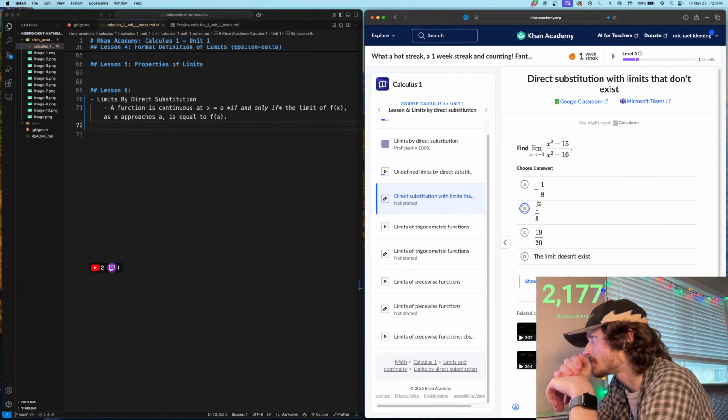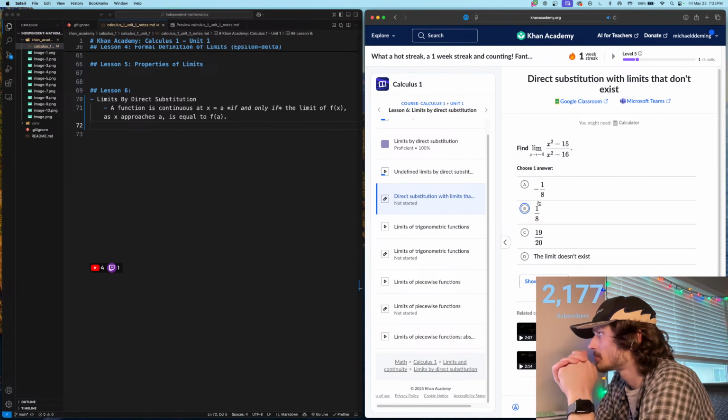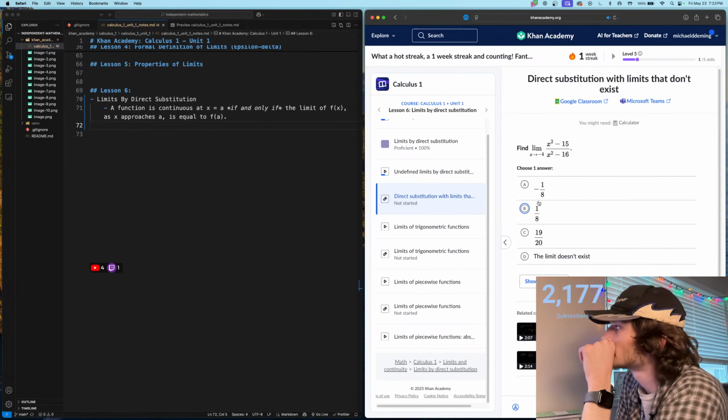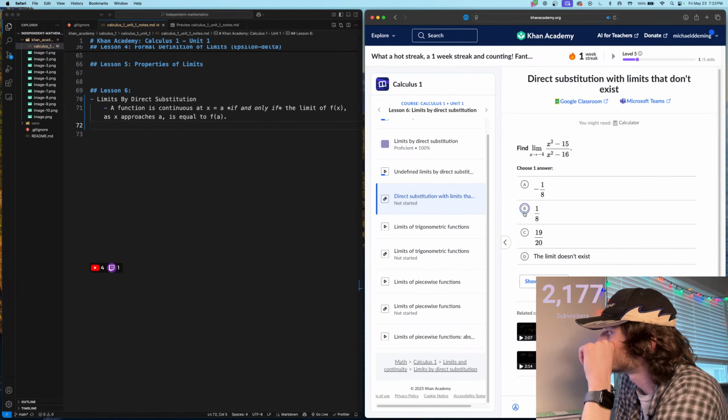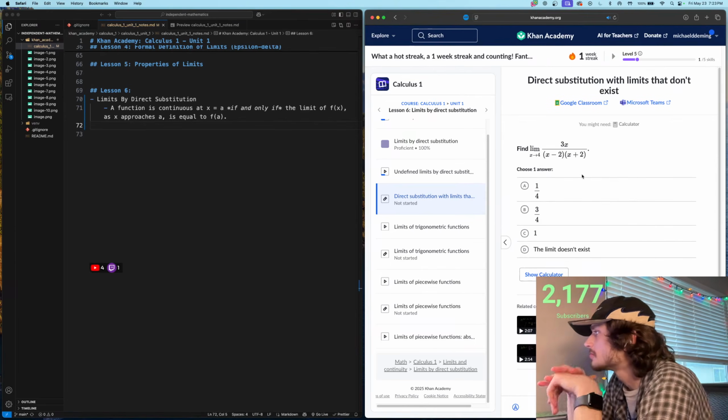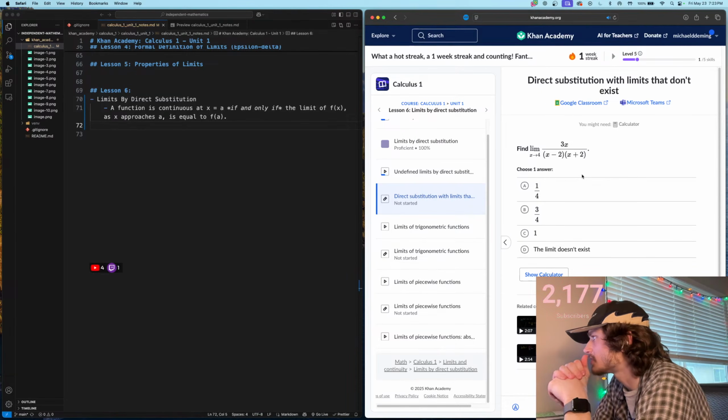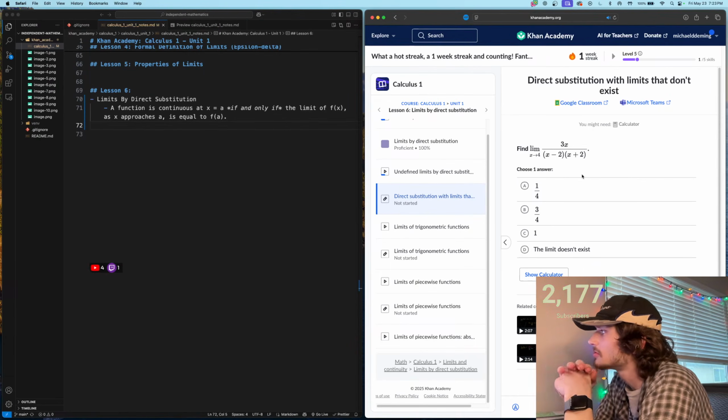Okay, so 16 less 15. -4 squared is 16, so this limit does not exist. Find the limit of 3x over x minus 2 as x approaches 2. 12 over 2 times 6, 12. So 1.